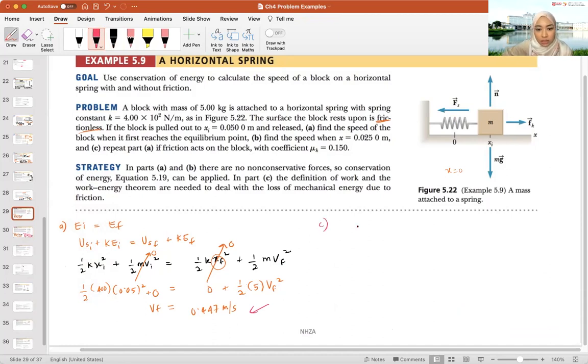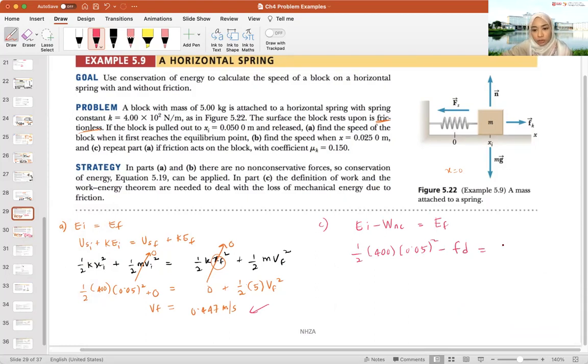So C dia cakap EI minus WNC equals to EF. Tadi EI equals to EF je. Now we have the WNC because we have friction. So EI kita patut samalah. Kita started with the same condition. 0.05 squared, and then this is going to be friction times distance.